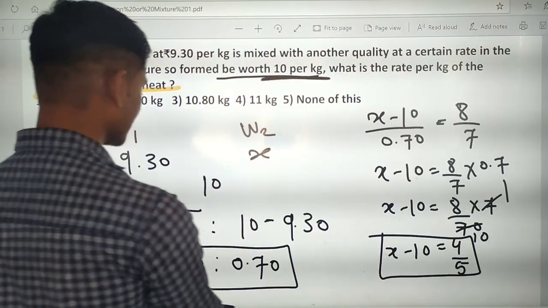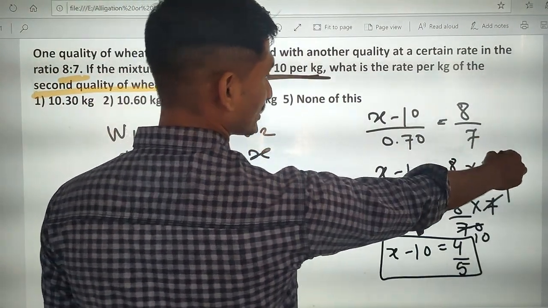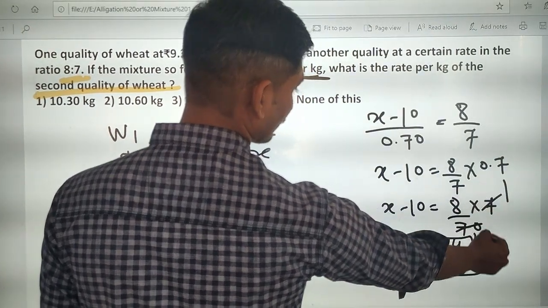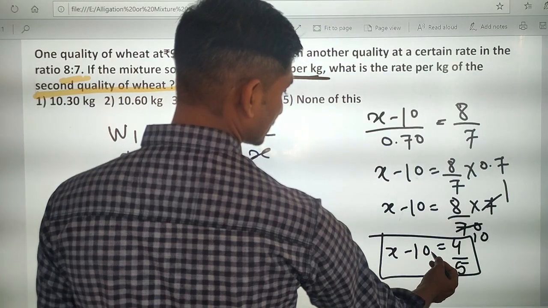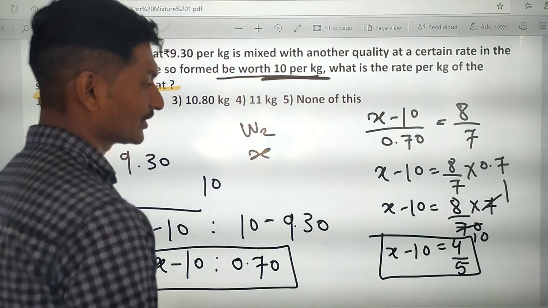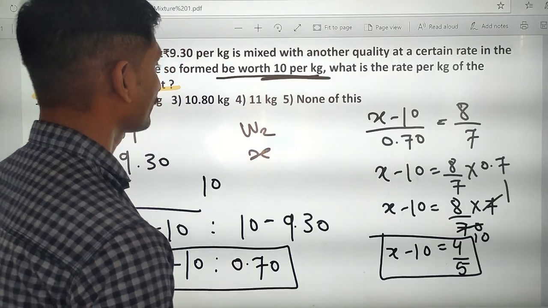So x minus 10 is equal to 0.70 times 8 by 7, which is 4 by 5. Then 5x minus 50 is equal to 4, and x is equal to 54 by 5.